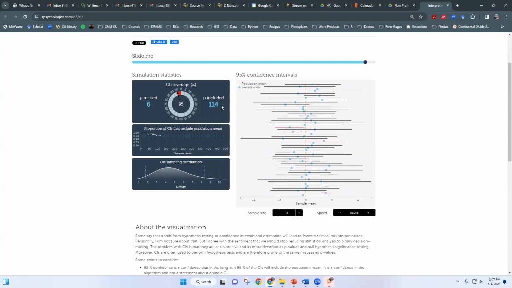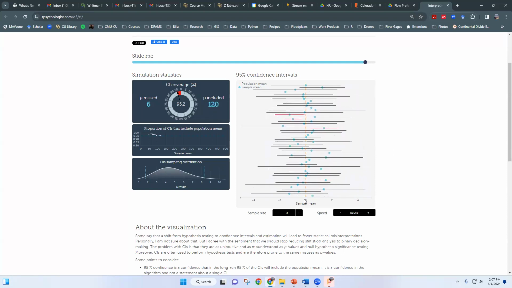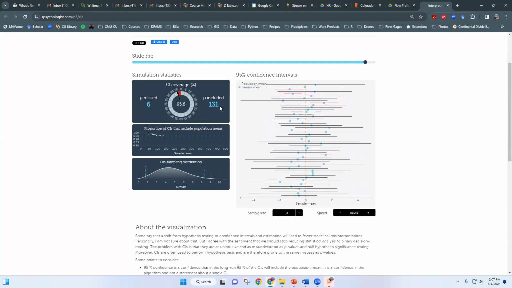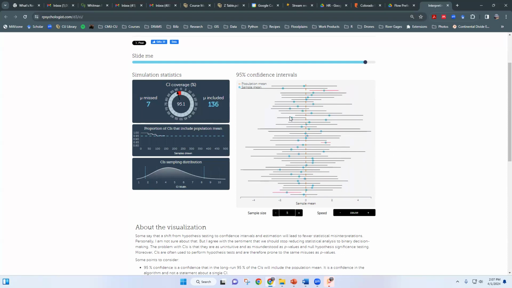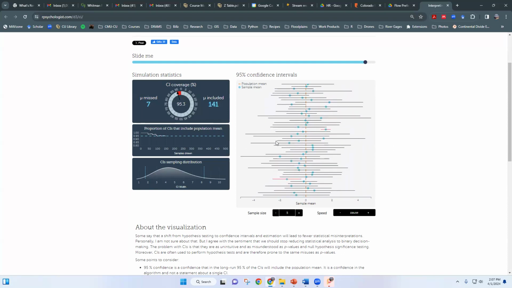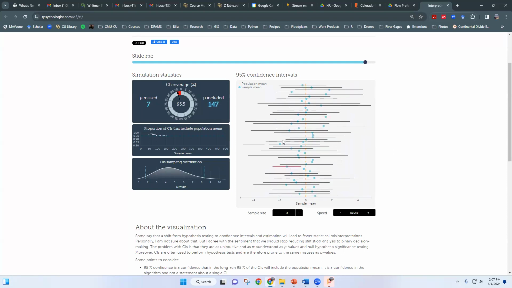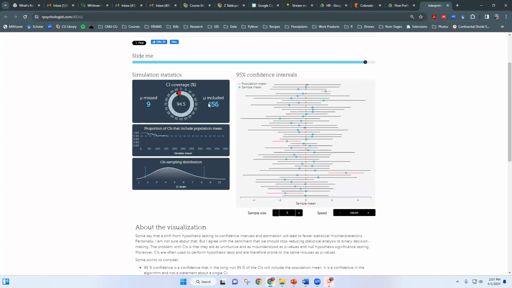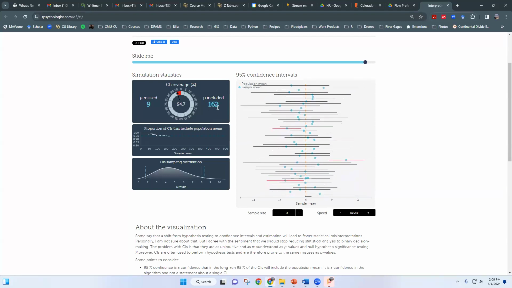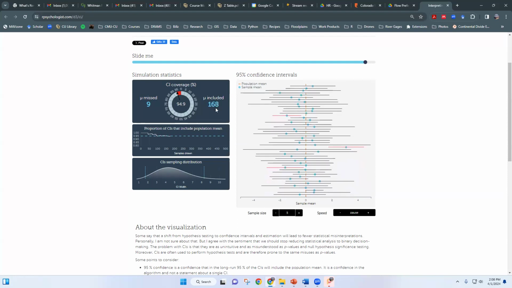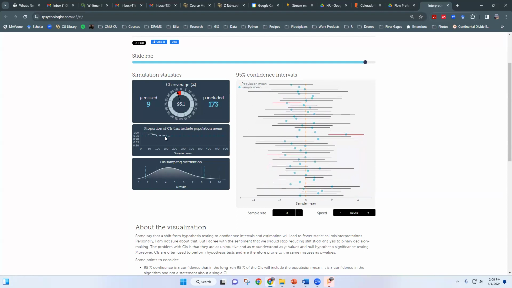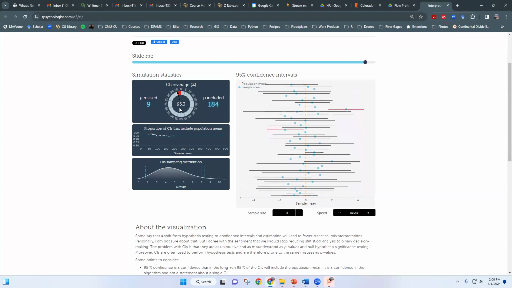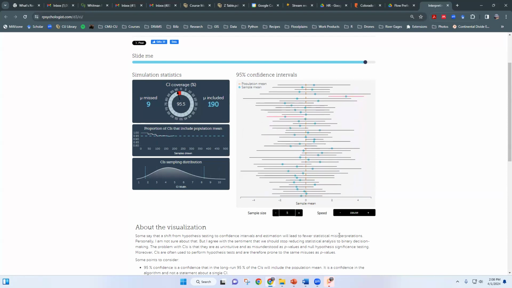If we take hundreds or even thousands of samples, on average 95% of those confidence intervals should cover the population mean. We've got about 160 going on 200 samples, and here we're tracking the proportion of samples that include the population mean over time. Under the simulation, we're right at about 95.4%.